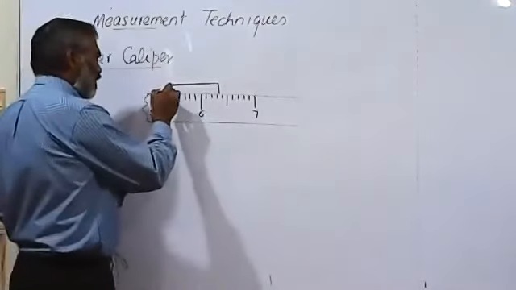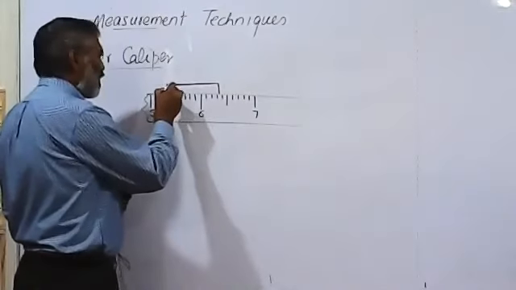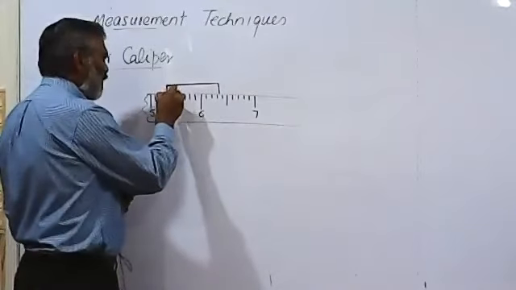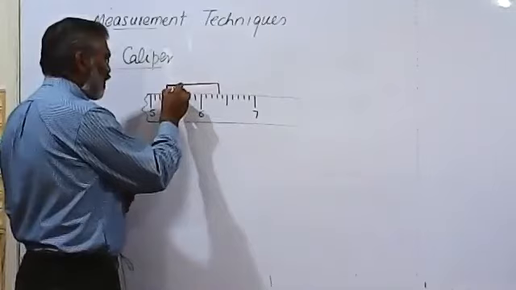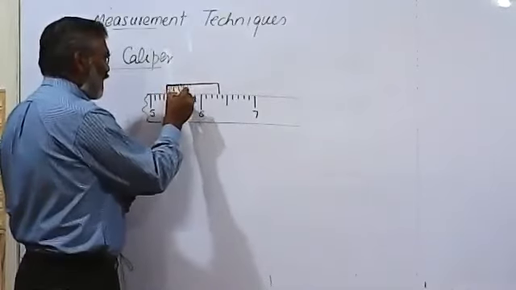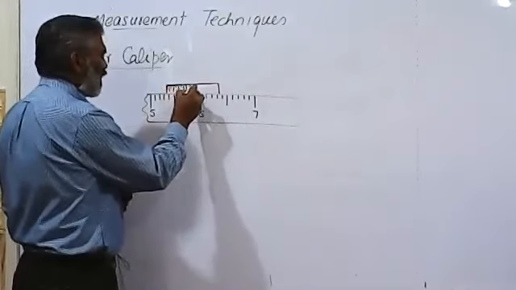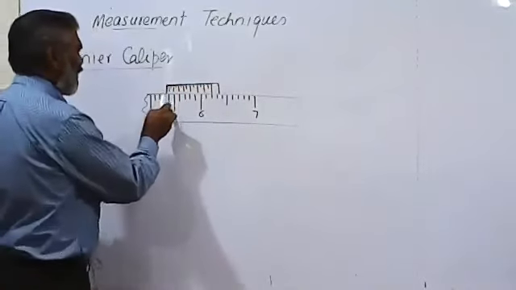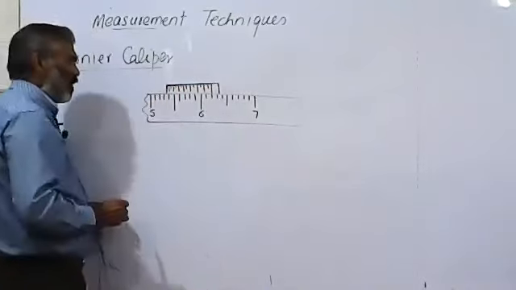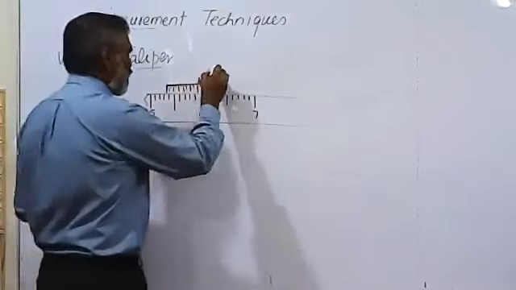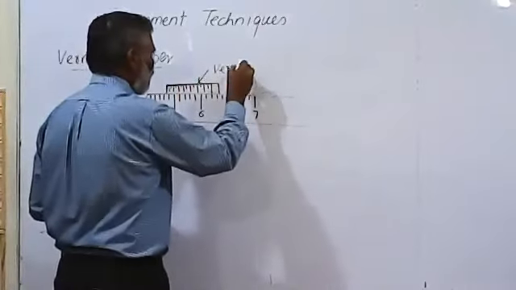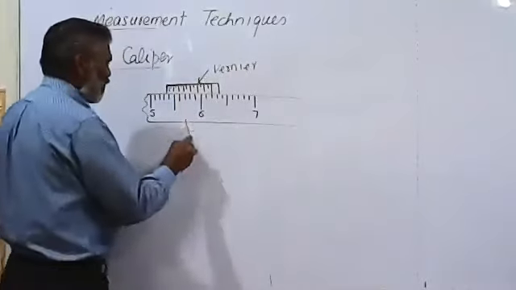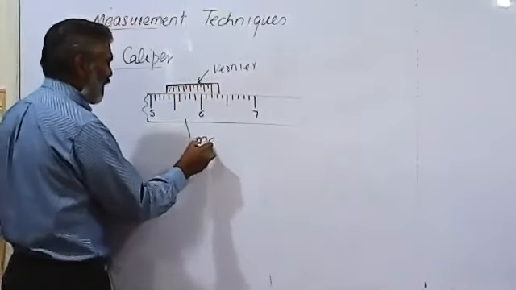They are closely spaced, and in between each two divisions we have one more division, and the total number of these divisions is 20. So if I start from 0 here on the Vernier scale, this is known as Vernier scale, and this is known as the main scale.